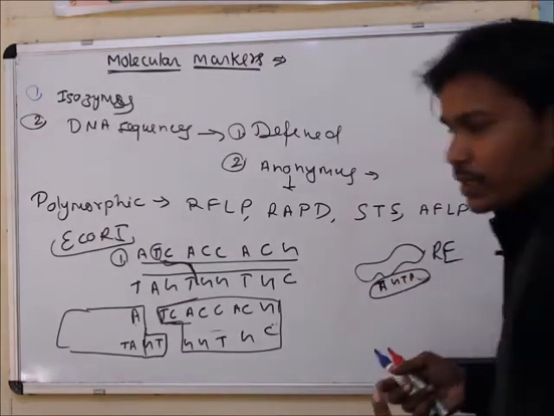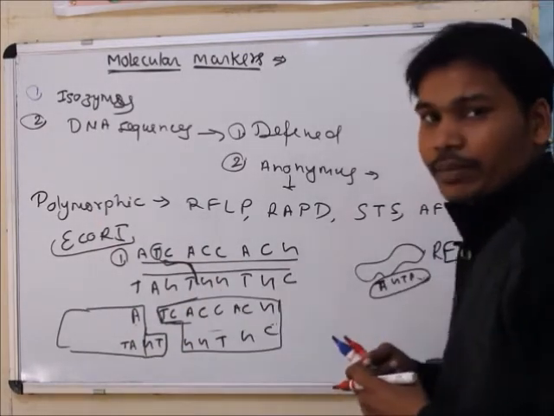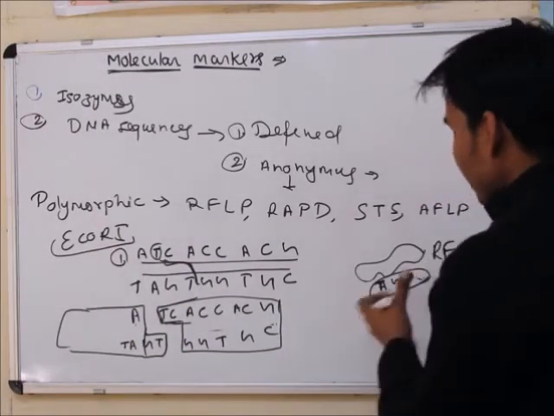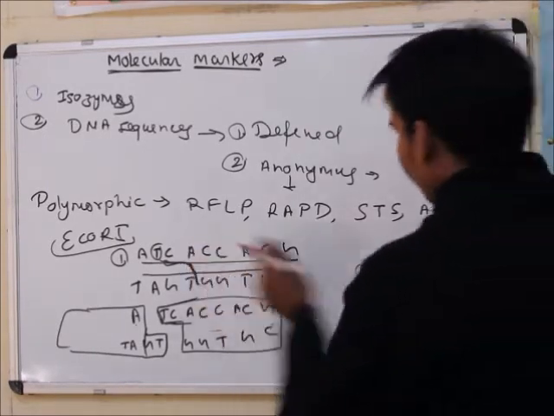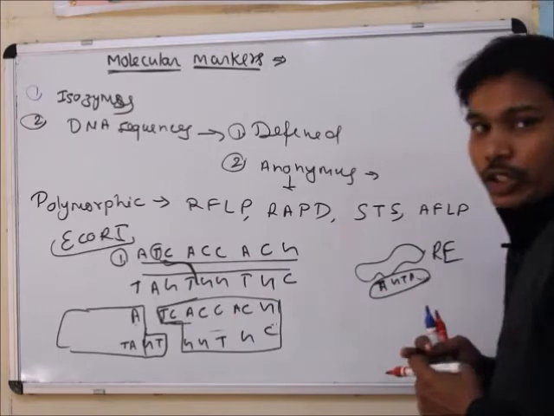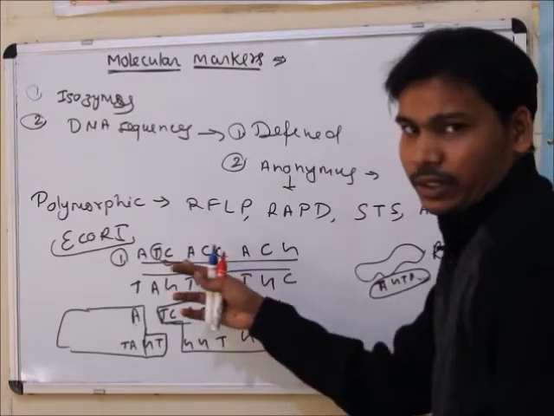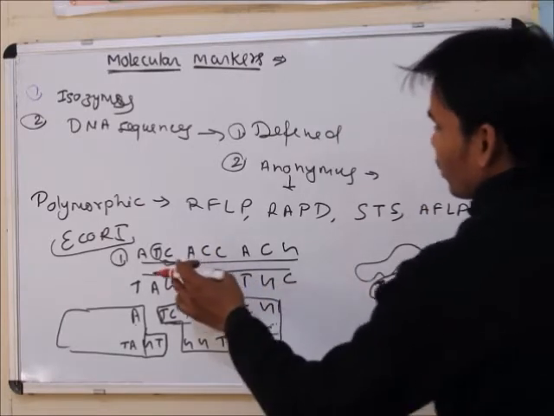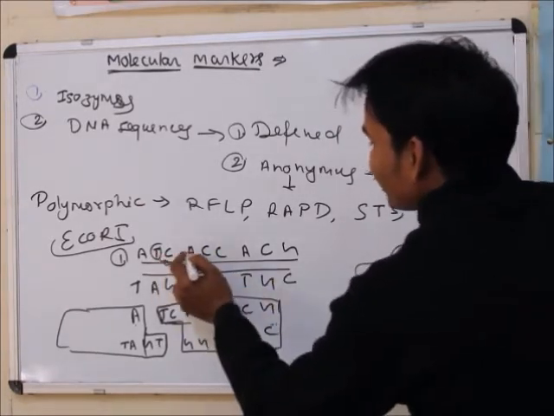For a simple example, I am not taking the exact EcoRI recognition sequence, but for example, you look here, it recognizes the site if that sequence is found. AGTA is not the actual one, but for usual understanding, you can take TCAC.